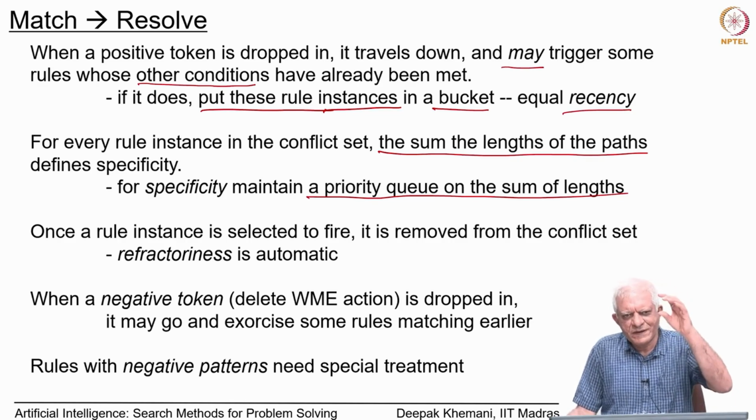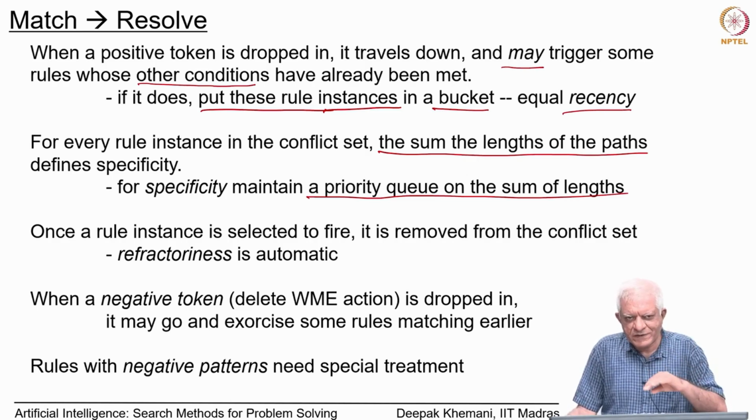So, whenever a positive token or a negative token travels down to a destination, a rule which has a negative pattern will be looking out for it, essentially. So, if a rule says that there must be no such pattern, and if a matching element arrives, then the rule must be removed from the conflict set, essentially.